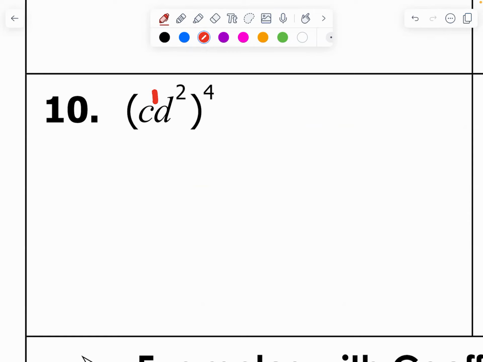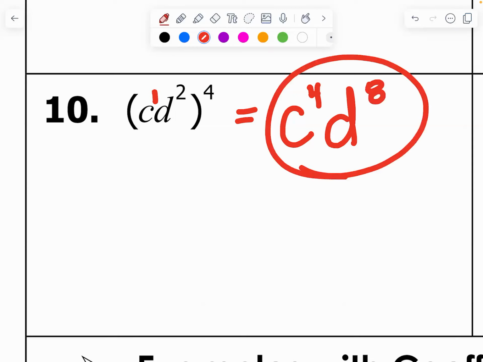Okay? So now, when we apply this power of 4, what's the exponent for C? 1 times 4 is 4. Then, Emma, what's the exponent for D? 8. How'd you get 8? Because you times 2. You times 2 times 4.